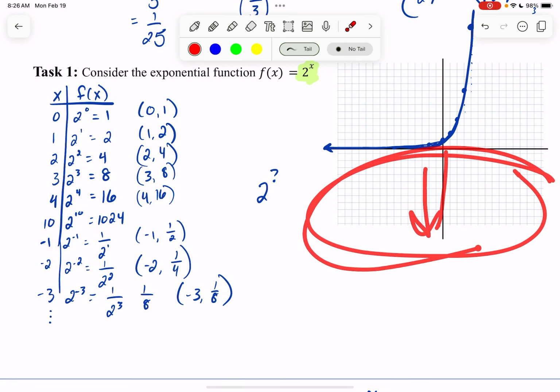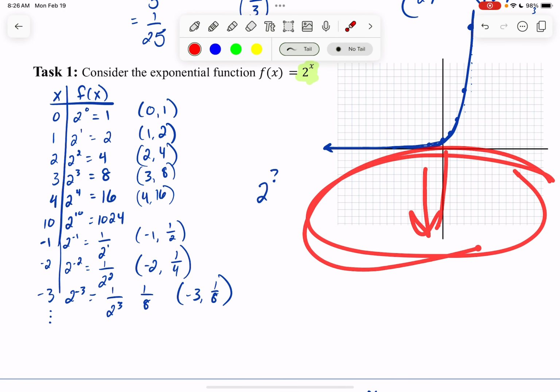My function basically starts here at 0 and goes up. So my range, my y values, are going to be bigger than 0, or we would write it as my f of x is bigger than 0. And we just talked about how we can't actually equal 0. So my f of x is greater than 0. We're just talking about positive range values.